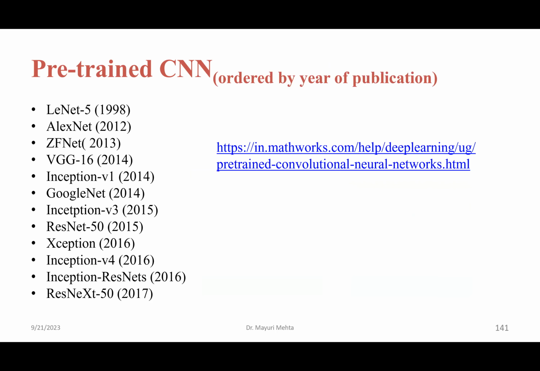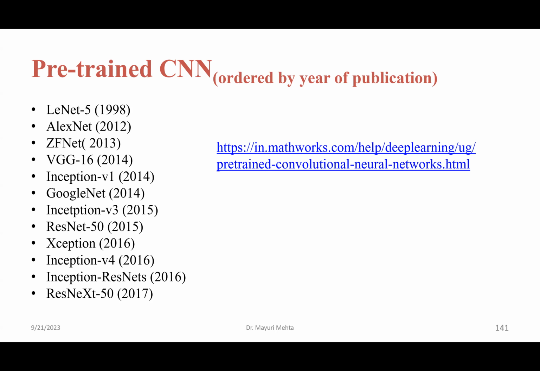So here you can see some of the pre-trained models. I have not added the latest models. You can see that they are in order from 1998 to 2017. I don't know, this must be an old slide. Actually, latest models are available. This is 2023, so the models of the last 5 years are missing in this slide.